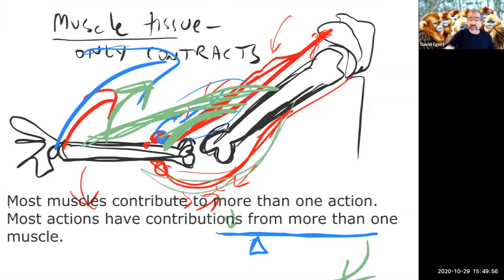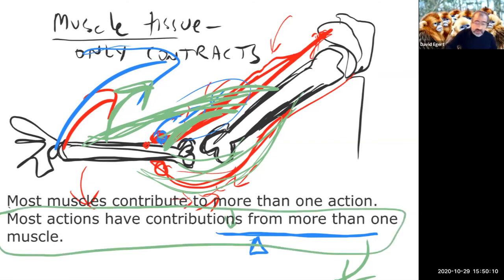For extending your elbow, it's mainly triceps brachii, but triceps brachii actually has three heads, plus there's the little anconeus muscle back there as well. So there's usually more than one muscle helping with any particular movement. Sometimes one muscle will contribute more or less at a certain part of the range of that motion. But it also means that there's backup. So if a muscle is damaged, it doesn't mean that you're never going to have that movement again. It means that maybe it'll not be as strong, but other muscles can still help your body move in that particular way.